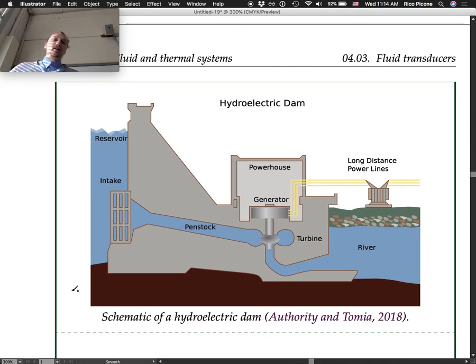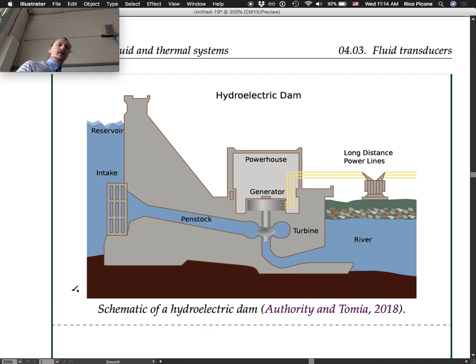So I showed a hydroelectric dam, and this is a really nice figure from, you guessed it, Wikipedia. Actually, somebody at some Tennessee water thing made it and uploaded it to Wikipedia, and the rights are pretty open, so as long as I cite them, it's good.